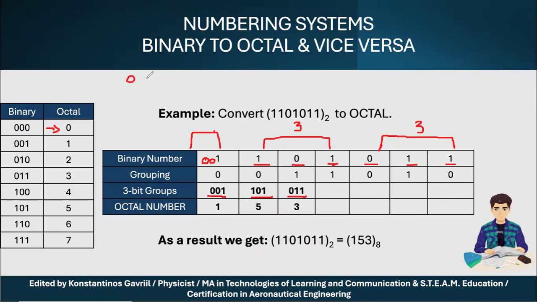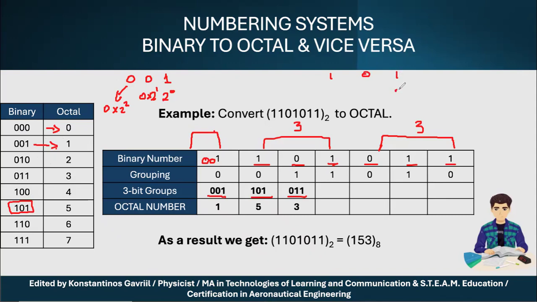The 0, 0, 1 means 1 times 2 to the power of 0, 0 times 2 to the power of 1, and 0 times 2 to the power of 2. So 2 to the power of 0 gives me 1, and I get 1. Okay? So if I have the 101, what does this mean?